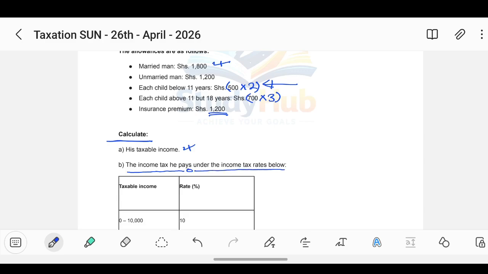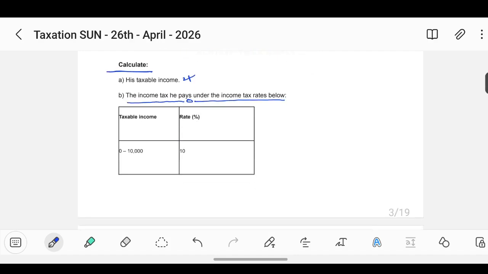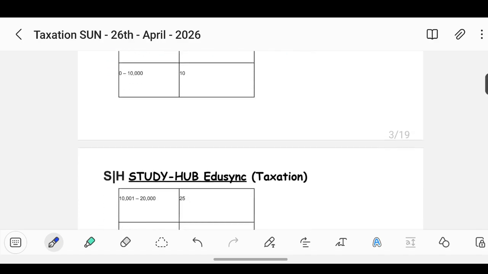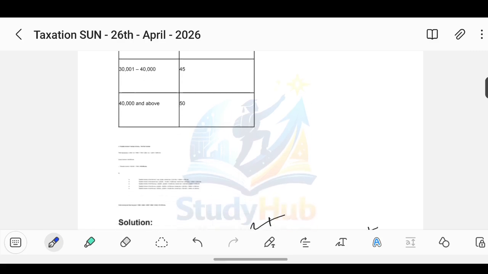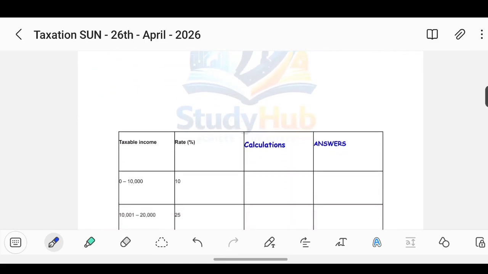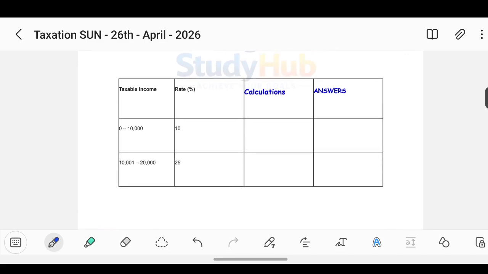So income tax is got from the table or from the income tax rates provided. So how would we calculate this income tax? That income tax is the actual tax Peter has to give in. And this is how it's calculated.